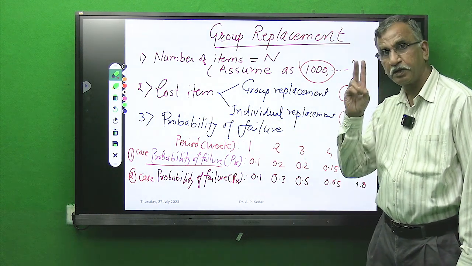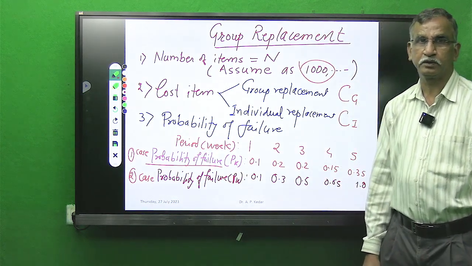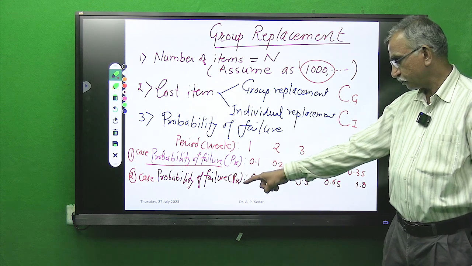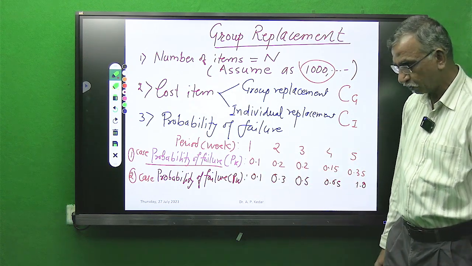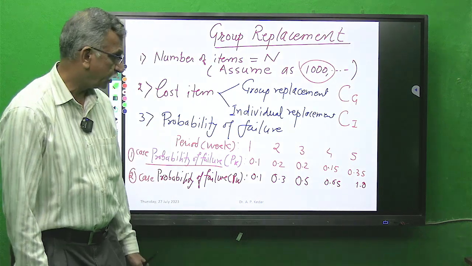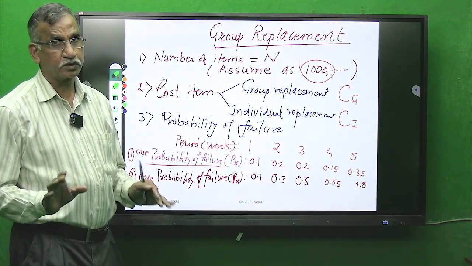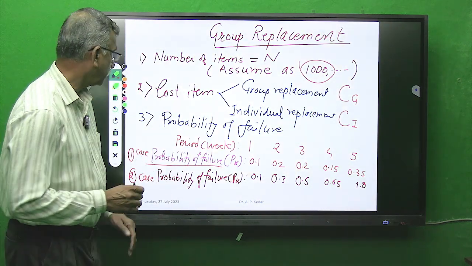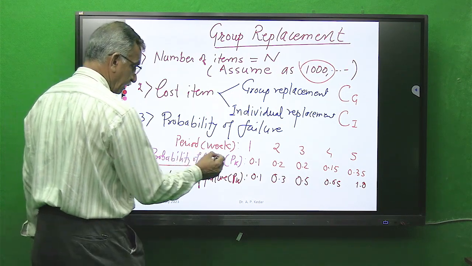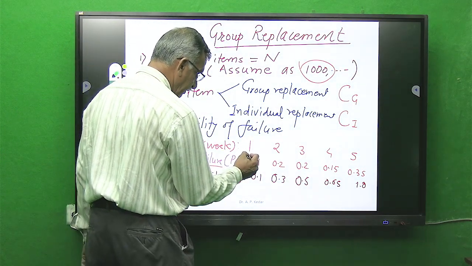Probability of failure is very important data required in group replacement, and these two ways of probability data are given. For problem solving, I need data in this fashion only.